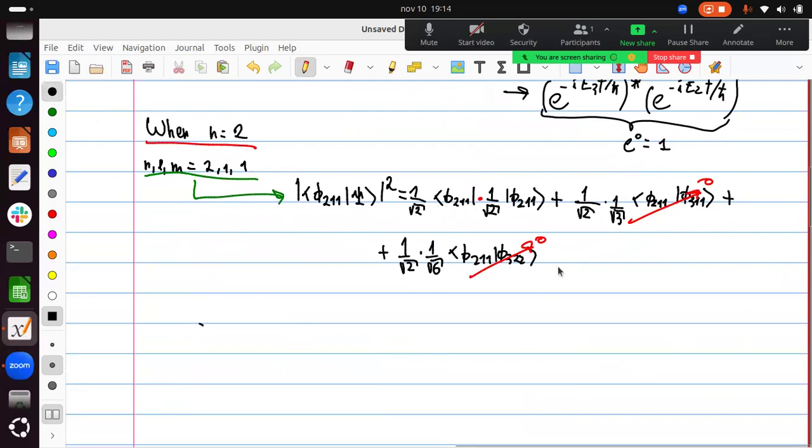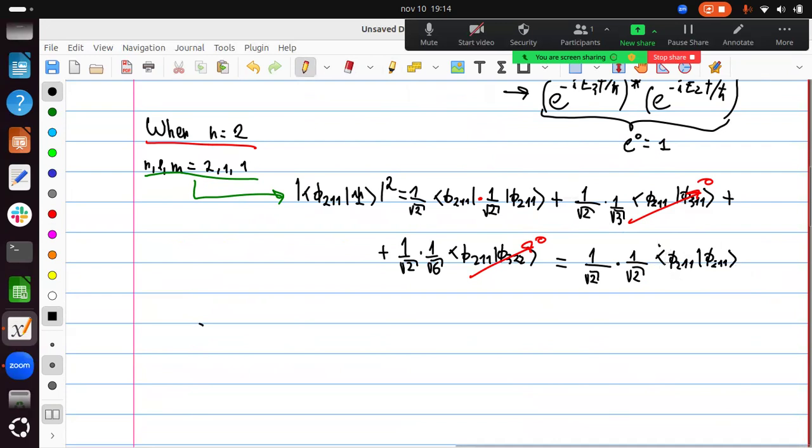So this probability is just 1 over the square root of 2 multiplied by 1 over the square root of 2, and this bra-ket is just 1.